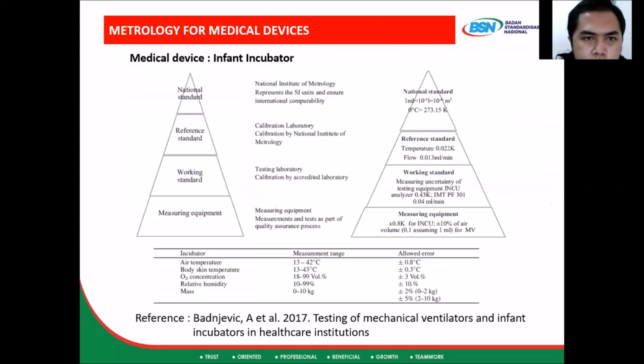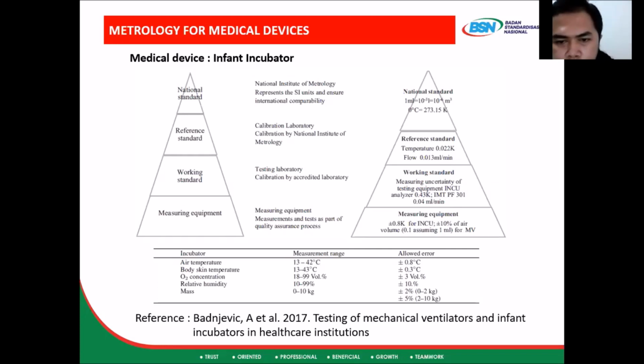The infant incubator has parameters of temperature, with measurement ranges, and also the specification, the tolerance, the allowed error for each parameter, like air temperature, body skin temperature, oxygen concentration, humidity, and also the mass. These measurement parameters should be traceable to the national standard.